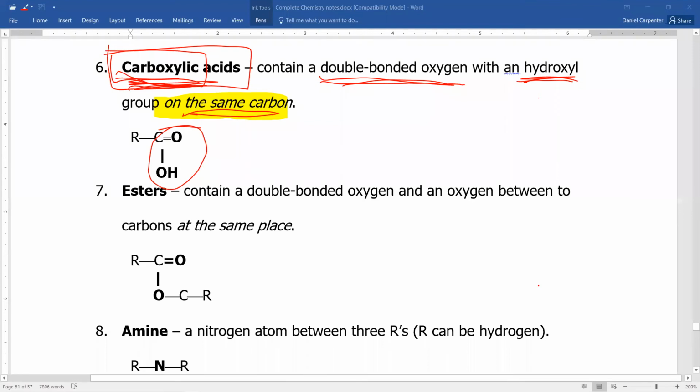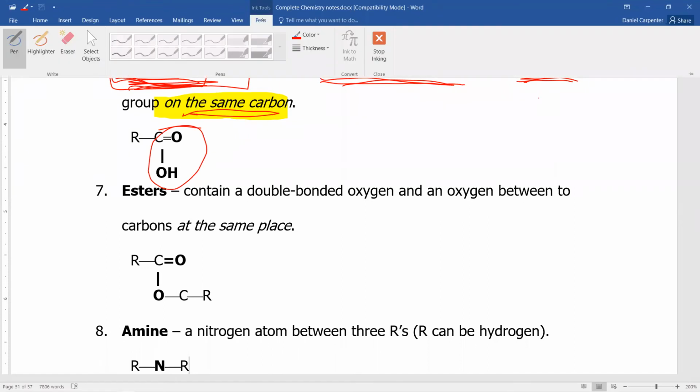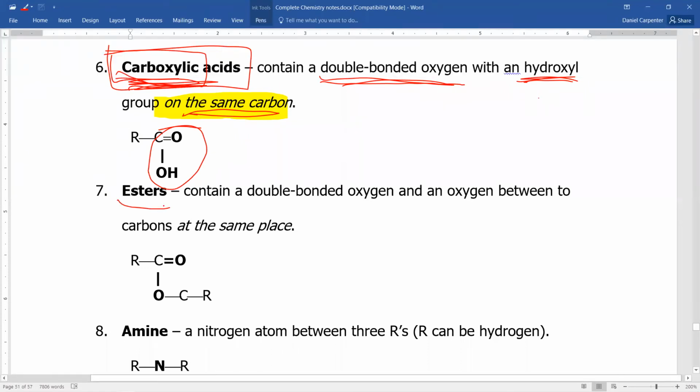All right, next is esters. So esters, right here. These contain a double bonded oxygen and an oxygen between two carbons.